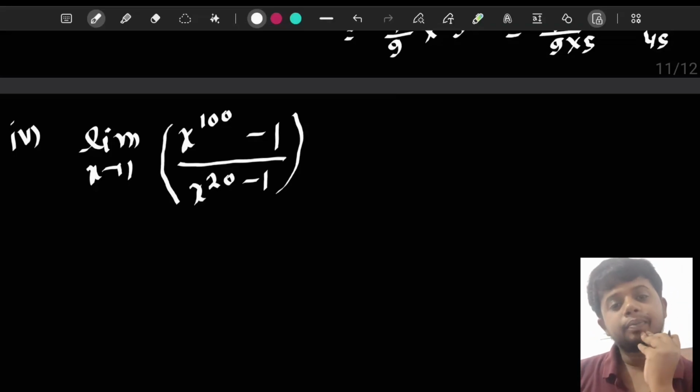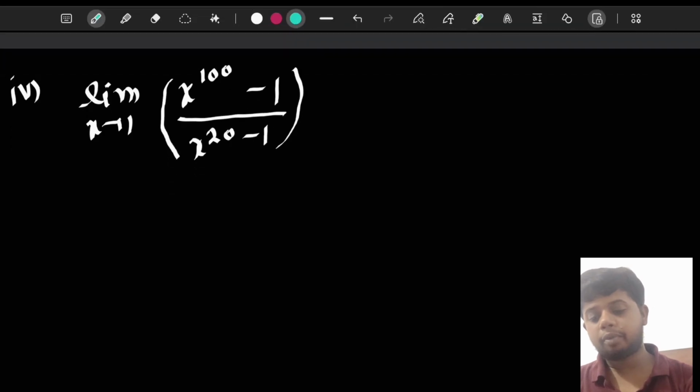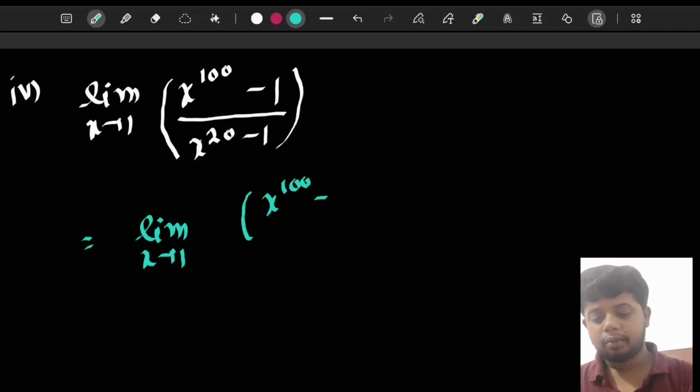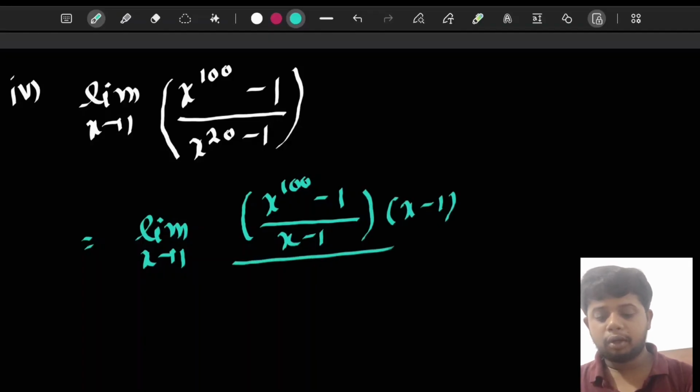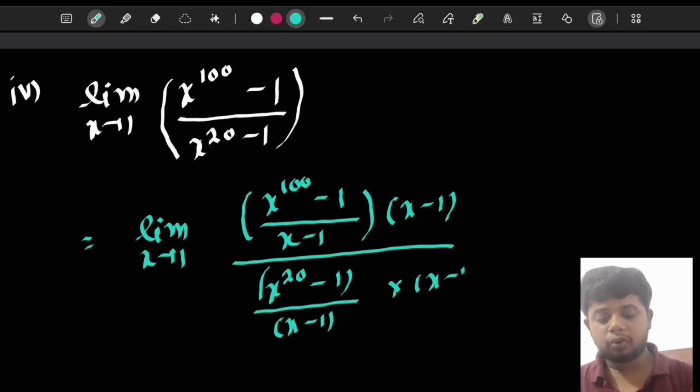How many of you are getting? You'll say, sir, understood. What you have to do, you have to divide it by x minus 1. It will come limit x tending to 1, x power 100 minus 1 by x minus 1, upon x power 20 minus 1 by x minus 1.